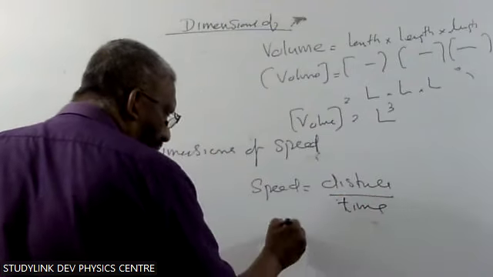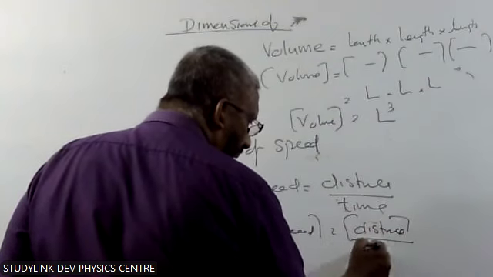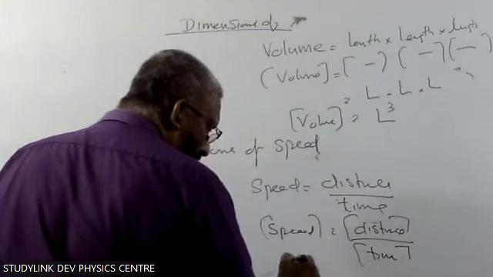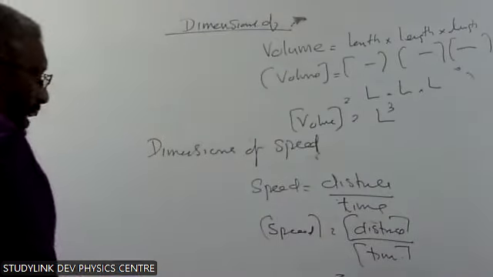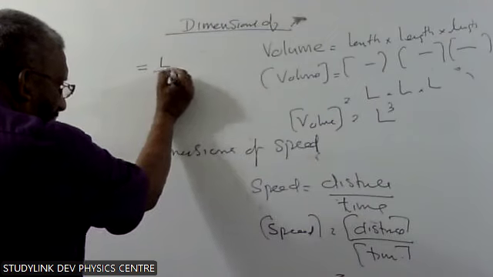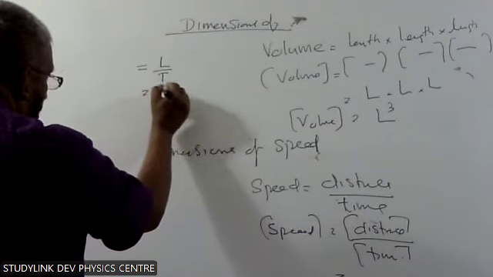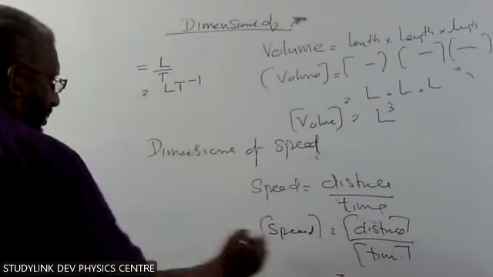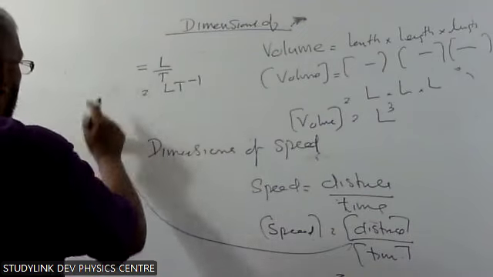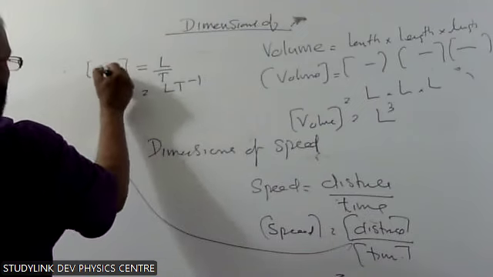Speed dimension is equal to dimension of distance divided by dimension of time. Distance is L, then time is T. So LT minus 1. So here you get the dimensions of speed.